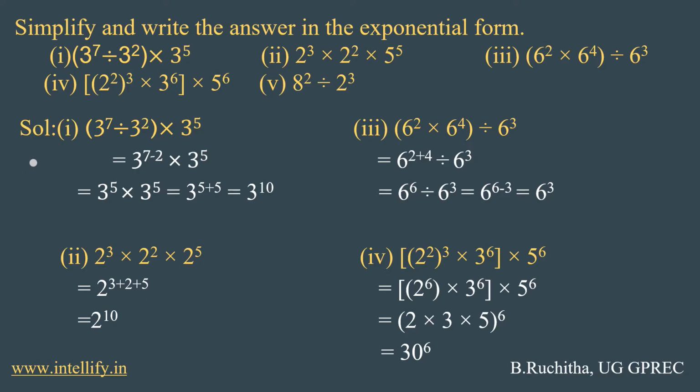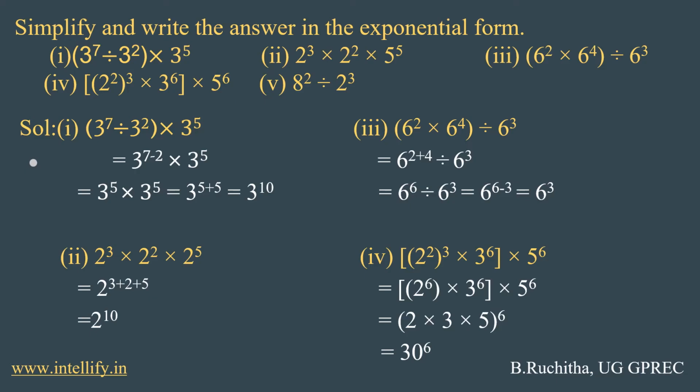And the second example is we have a few problems where we use all these concepts. The first problem is 3 power 7 divided by 3 power 2, into 3 power 5. In the braces, 3 power 7 divided by 3 power 2, the bases are the same.